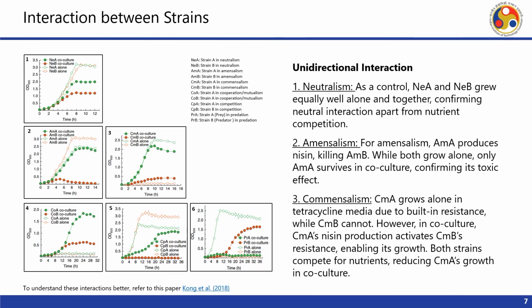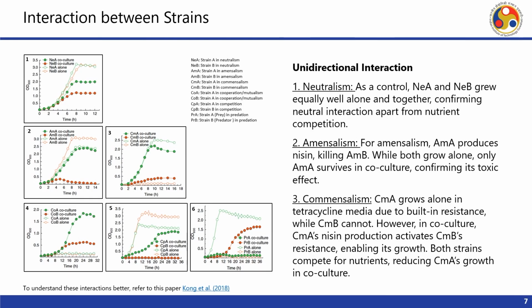In one you can see there is a strain A and B in neutralism. The growth kinetics is different when they are co-cultured and when they are cultured alone.